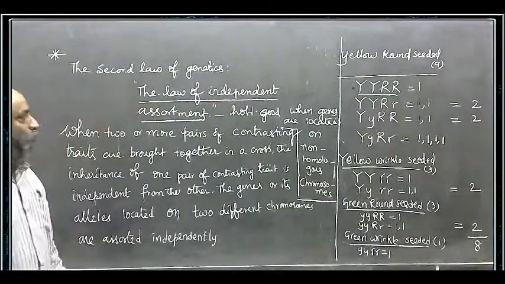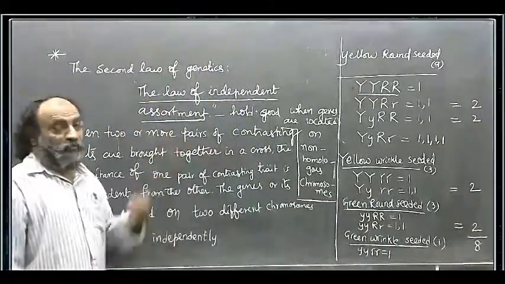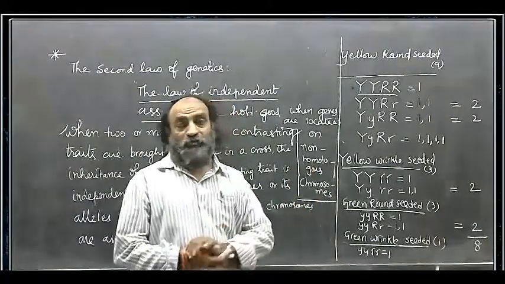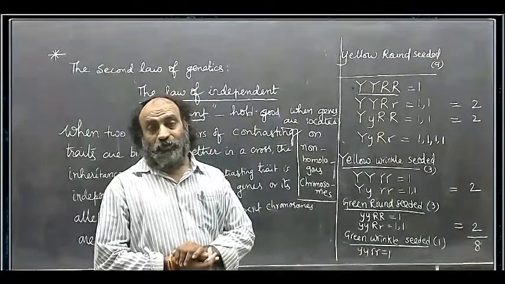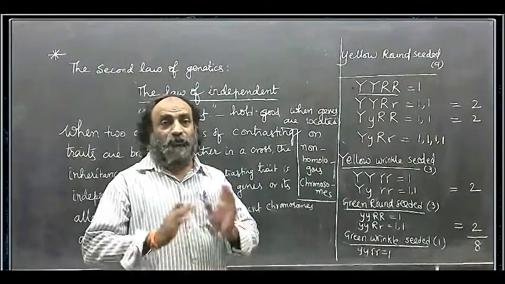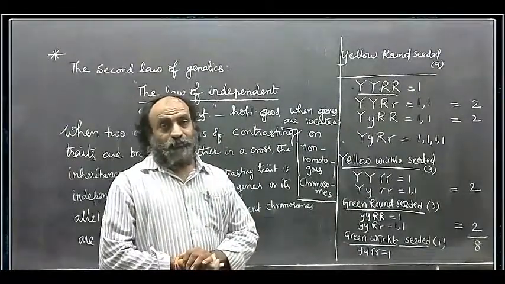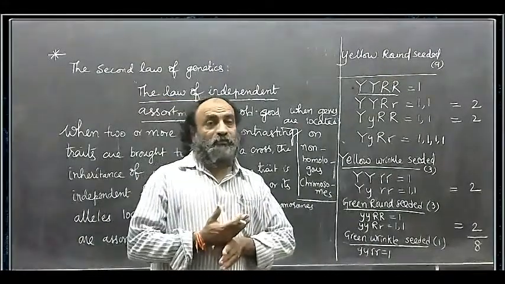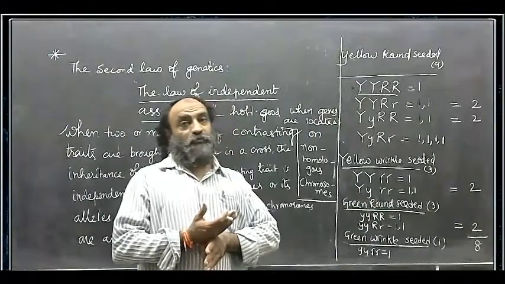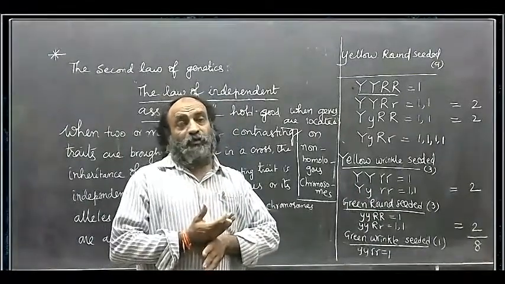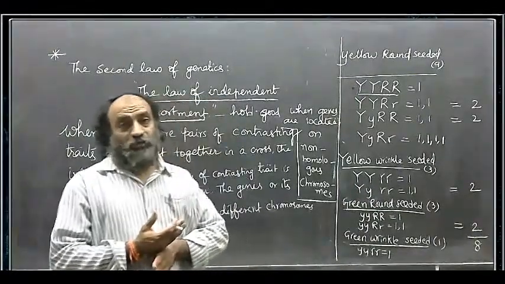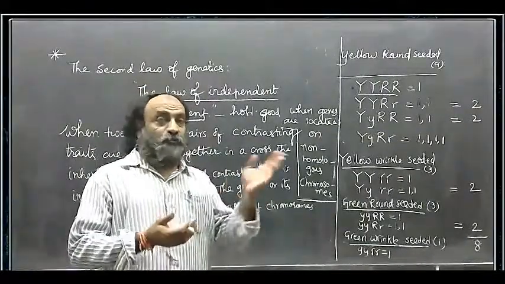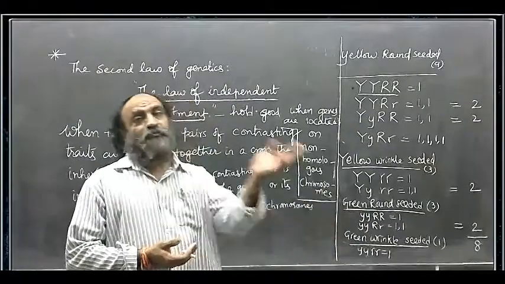The law of independent assortment holds good when genes or its alleles are located on non-homologous chromosomes. What are non-homologous chromosomes? Different chromosomes. Say the gene for the color of the seed is on the first pair of chromosomes, and the gene for the shape of the seed is on the seventh pair of chromosomes. So the first pair of chromosomes is different from the seventh pair.